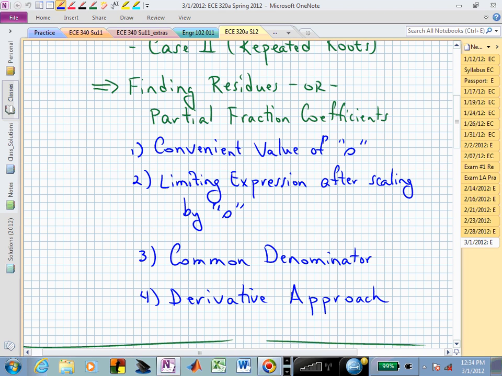And if you have a calculator that does matrix inverse, you could then just brute force the procedure and end up with these coefficients. And finally, the one that's discussed more in the textbook is the derivative approach to finding or isolating these coefficients that are associated with repeated roots.